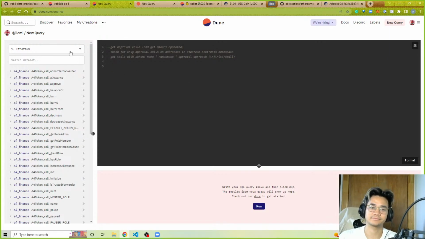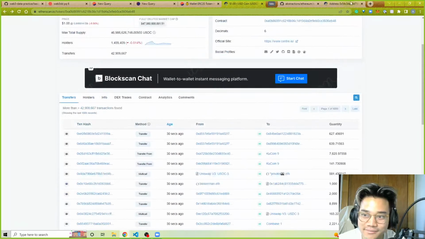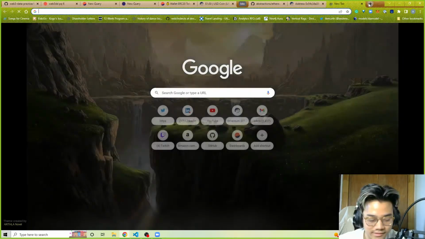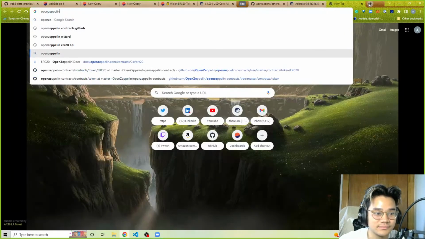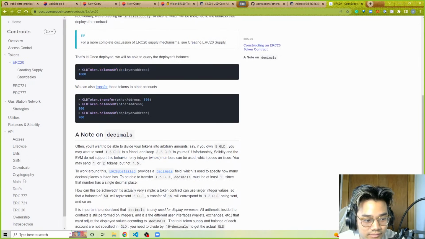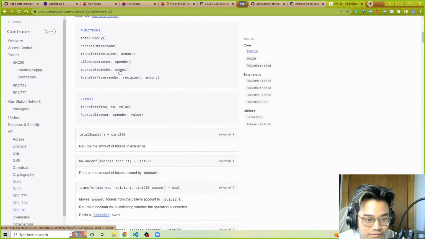So I don't think there's an ERC20 approvals table. So we're going to need to do that manually. Here, let's see, OpenZeppelin. Approve is address, uint256.